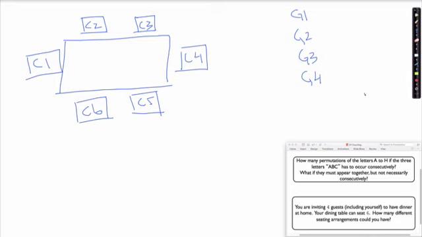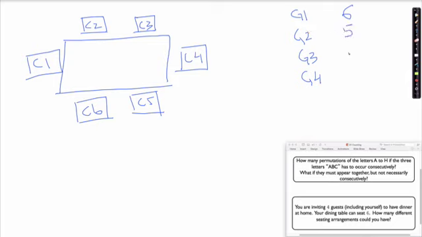Now in this case, we can think of this first in terms of the product rule. For guest number 1, there are going to be 6 chairs to choose from, C1 to C6. So in that case, there's going to be 6 possibilities for G1. For G2, since G1 would have occupied a chair, G2 only has the other 5 to choose from.